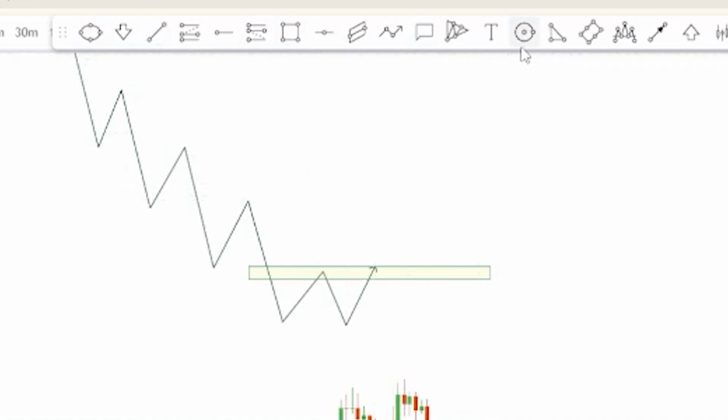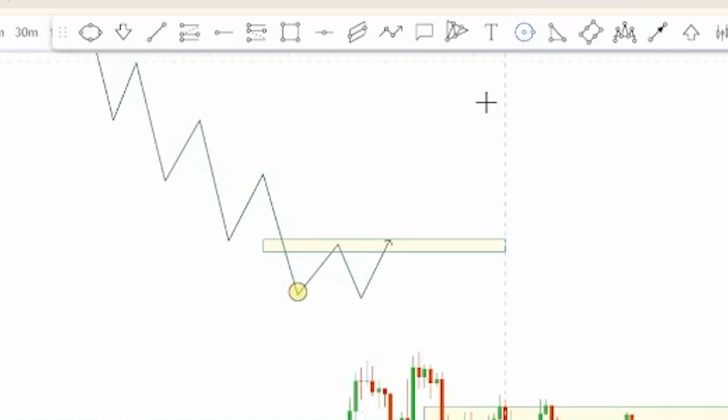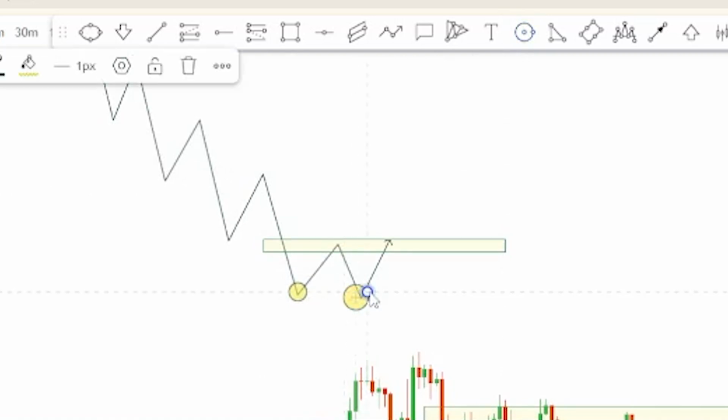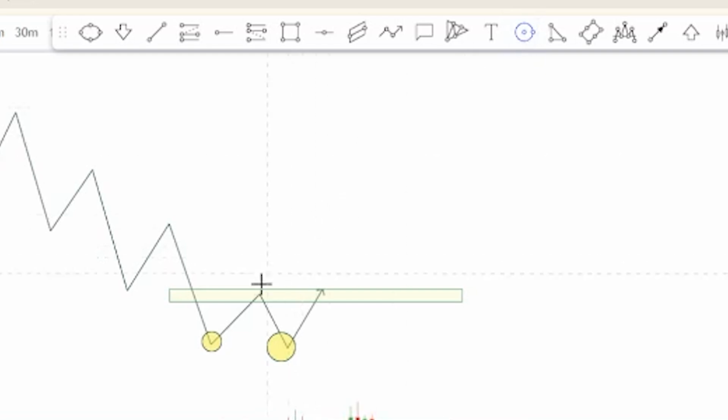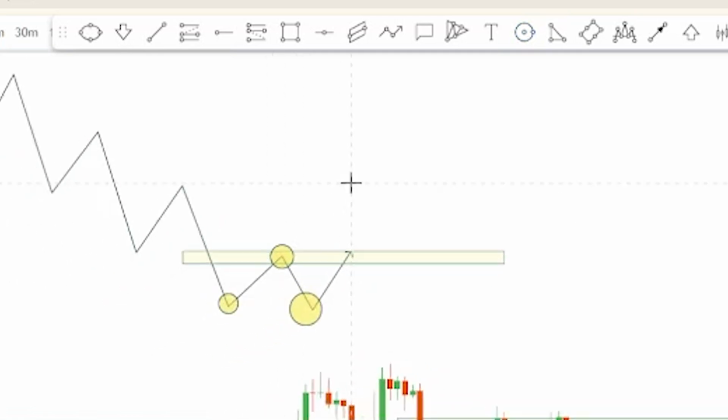First of all, we have these two bottoms, and now we also have this neckline. Remember, in our previous videos we talked about the trend and we talked about the pullback.